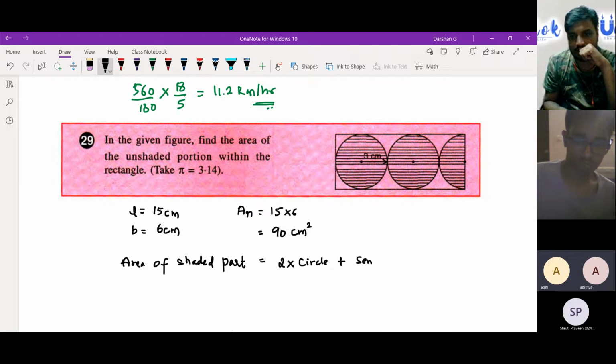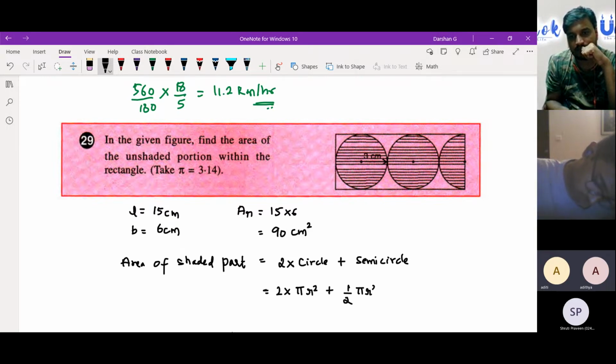So 2 into pi r squared plus half of pi r squared.